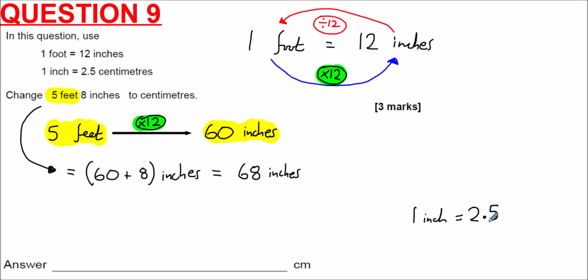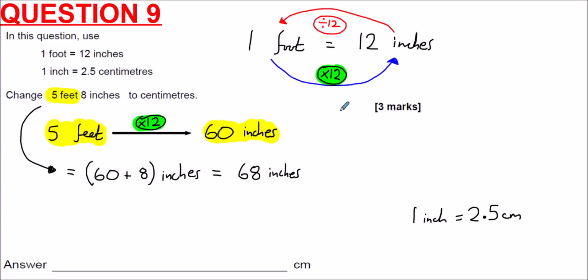And once again, if you have a look at this conversion relation, we've got one number that's 1 and another number that isn't 1. So yet again, as we had here, we can change from one to the other by multiplying or dividing by the number that isn't 1. In this case, we multiply or divide by 2.5.